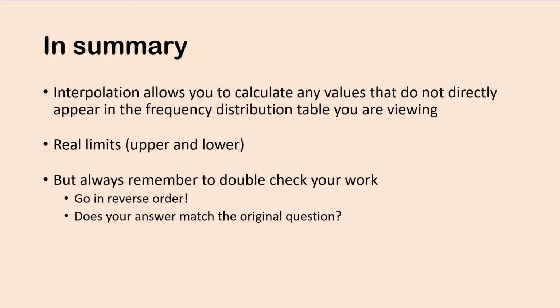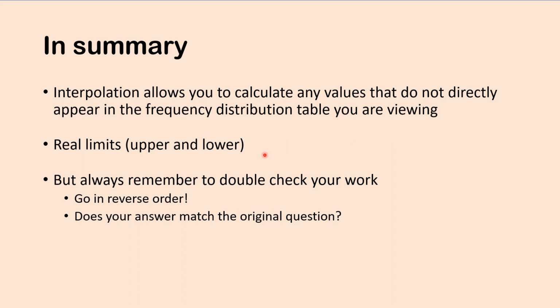So in summary, interpolation allows you to calculate any values that do not directly appear in the frequency distribution table you are looking at. Always when you're working with those raw scores though, keep in mind those real limits, the upper and lower. If you're working with a whole number such as 3, 4, or 5, you know it's going to have upper and lower limits.